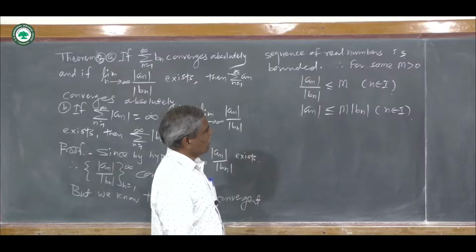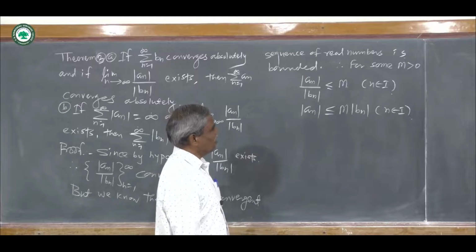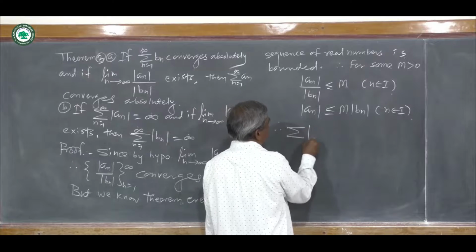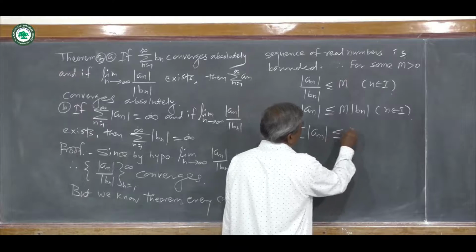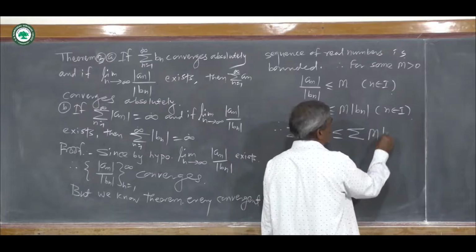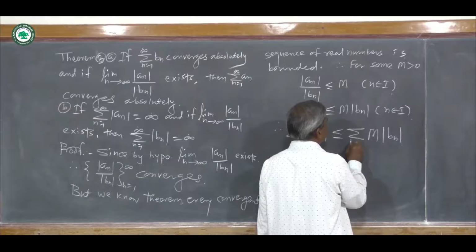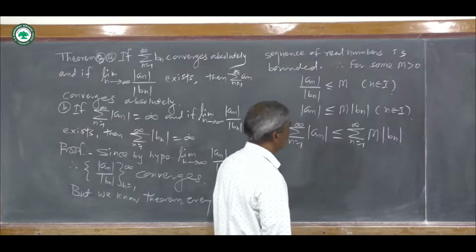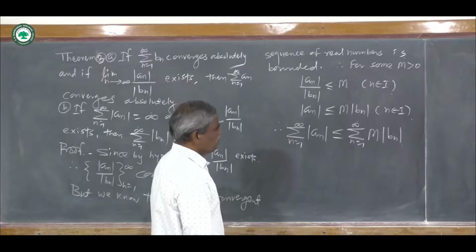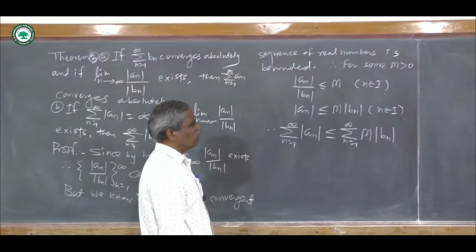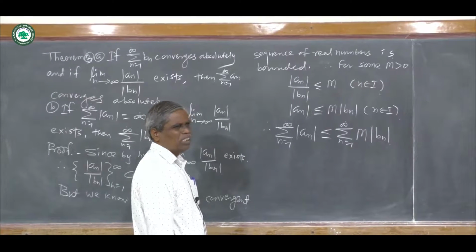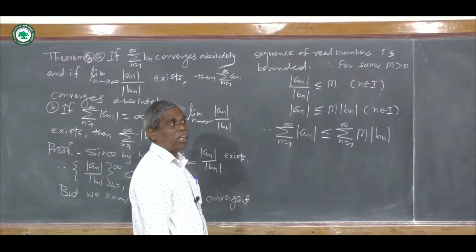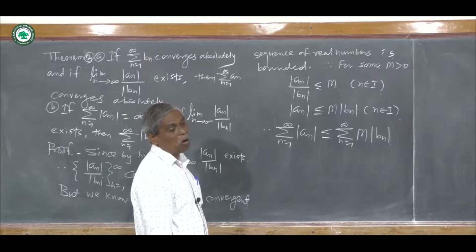Sigma mod an is less than or equal to sigma M times mod bn, n equal to 1 to infinity. This statement says that sigma an is dominated by M times sigma mod bn.